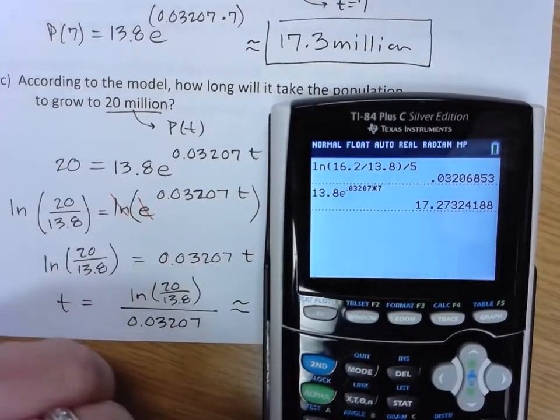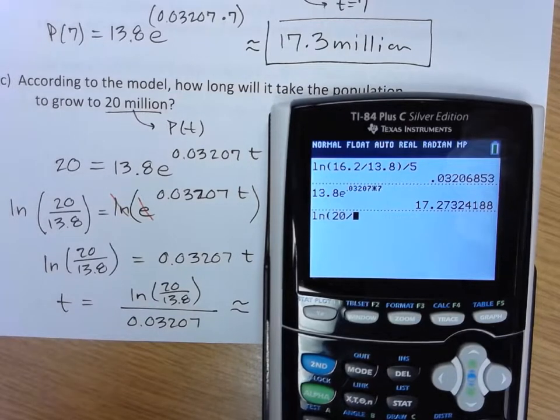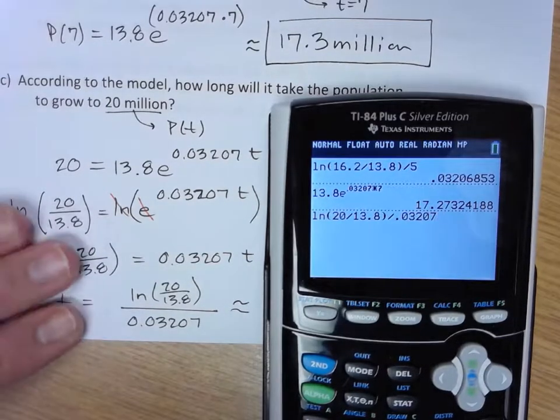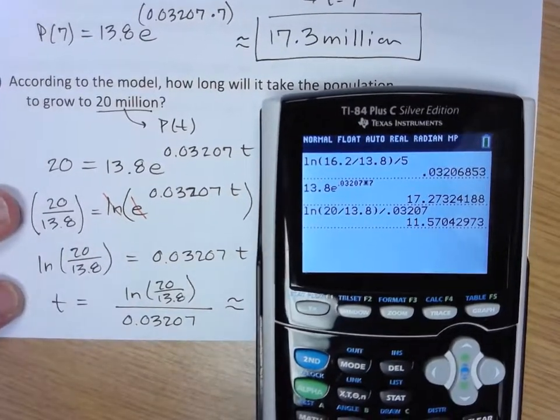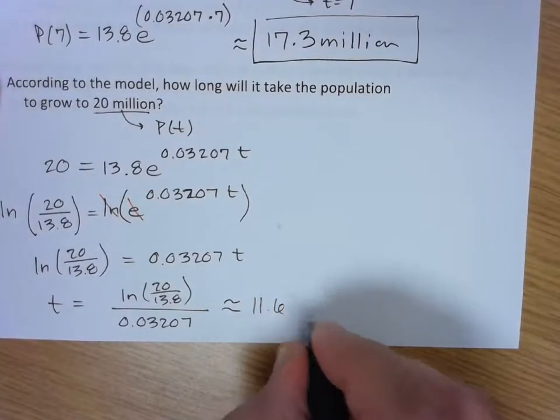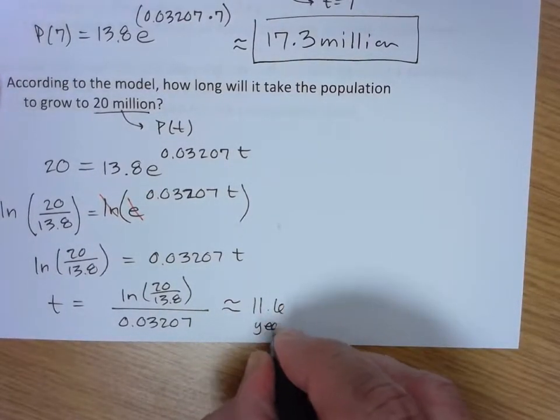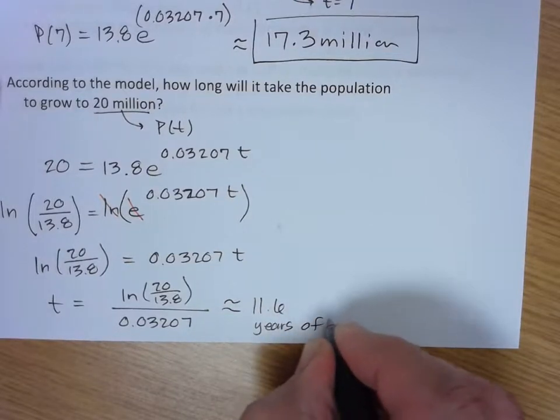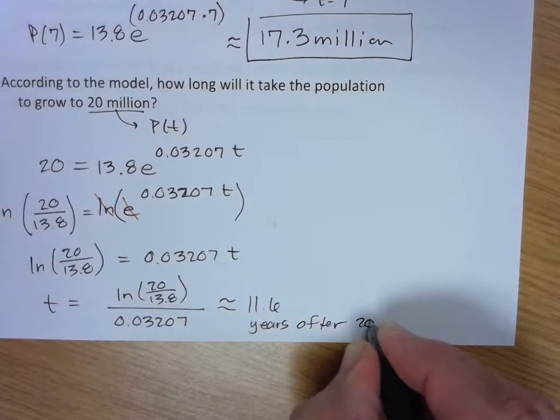So ln of 20 over 13.8, divide that by 0.03207, and that'll approximately be 11.6 years later. And again, remember, that's years after 2005.